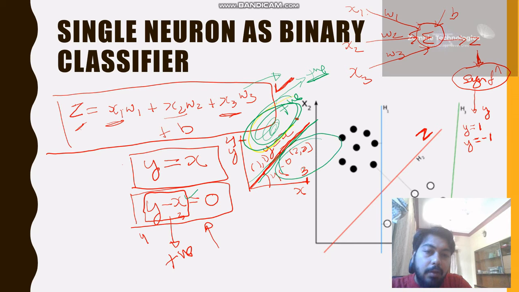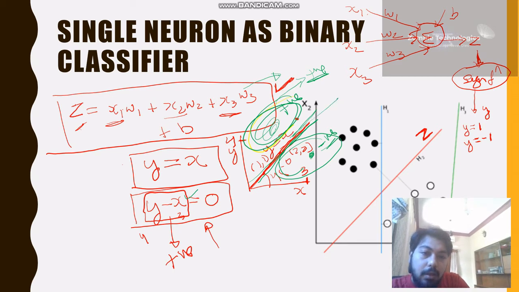If I put the values of points on the other side into this equation of line, I will get a negative solution. So I could simply say for all the points above the line we have a positive output, and for all the points below this line we have a negative output.